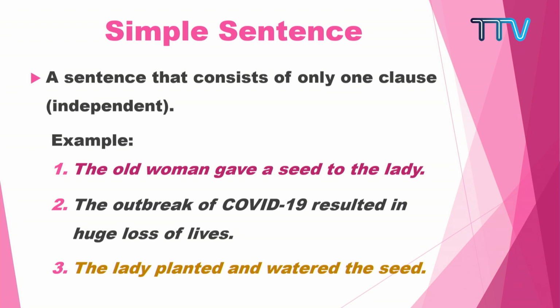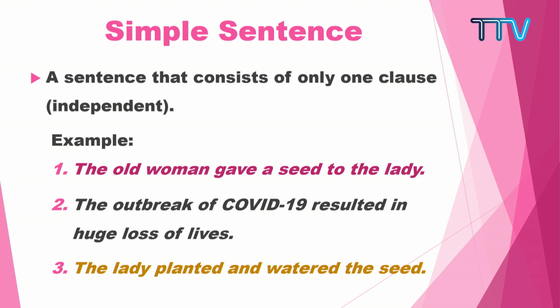And verbs? Did I hear two? Right. The lady planted and watered the seed. This is the object. Planted and watered, there are two verbs, so a compound verb. So a simple sentence can be formed with a single subject and a compound verb, right?